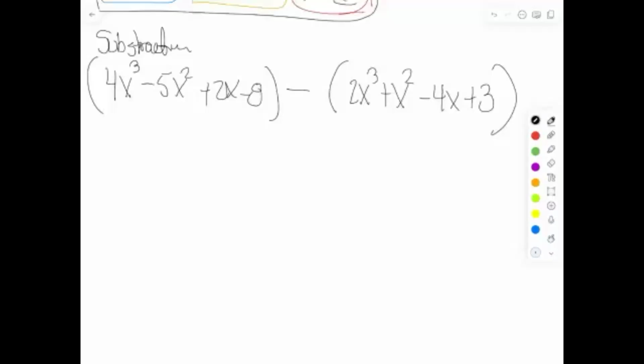Okay. What is the next thing I have to do after I've identified that this is a polynomial that has 4 monomials on the left and 4 monomials on the right? What is the next thing? Figure out what combines with what. I have subtraction here, correct?